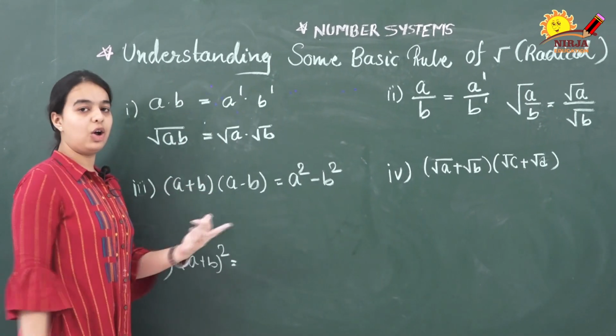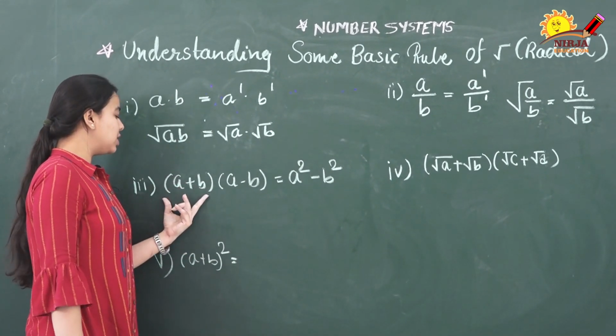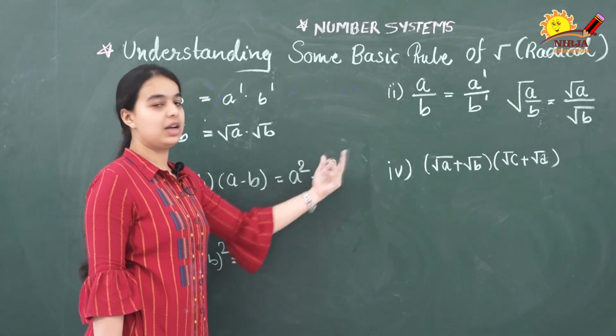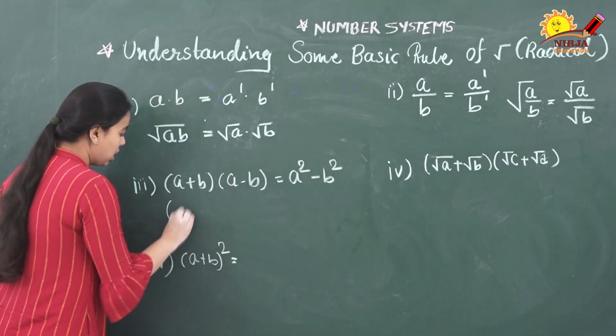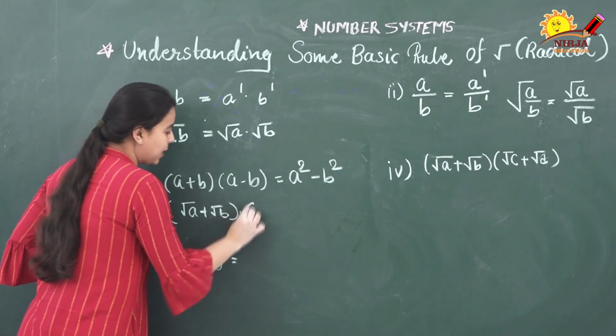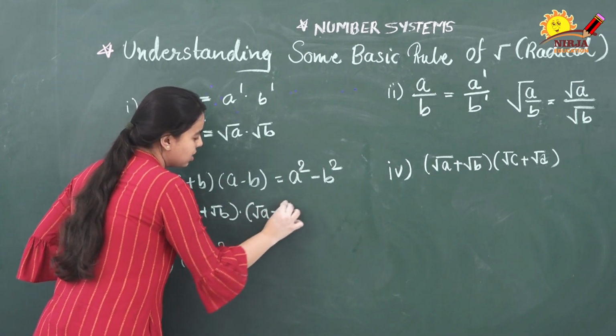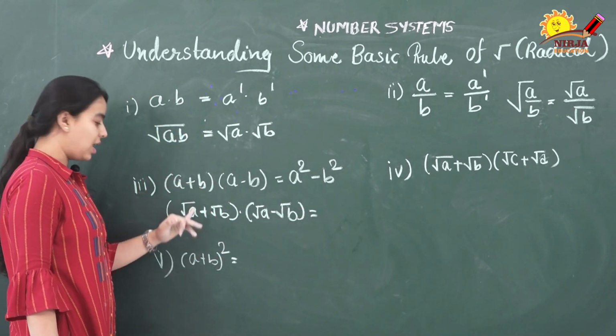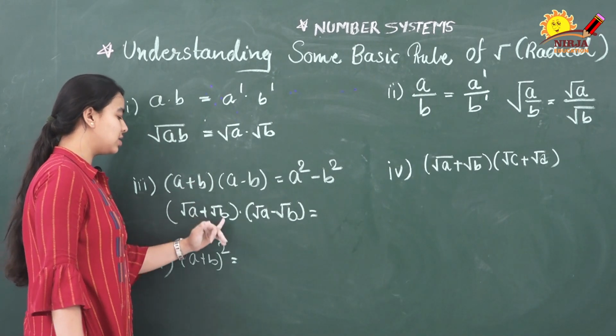Now third, as you all know, a plus b into a minus b is equal to a square minus b square. Here I am going to take under root a plus under root b multiplied by under root a minus under root b. So, here a is under root a and b is under root b.